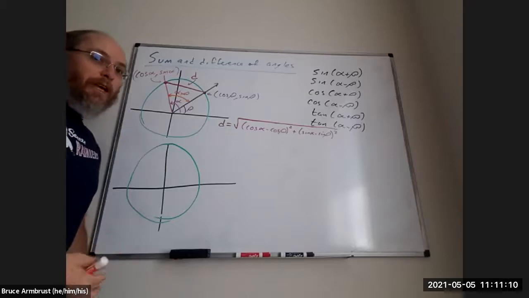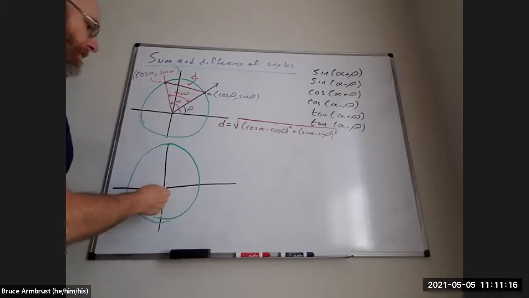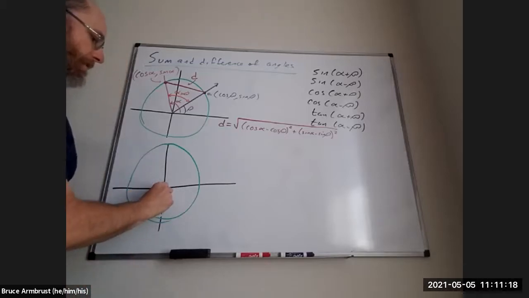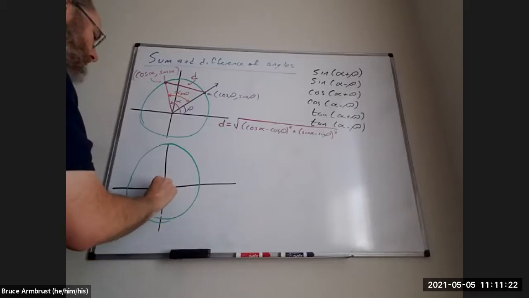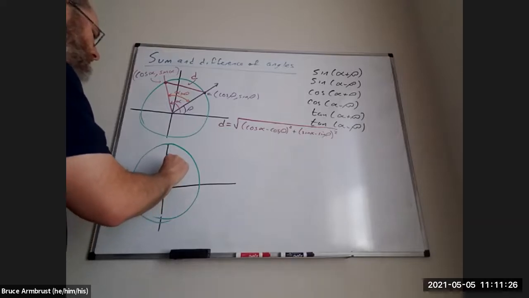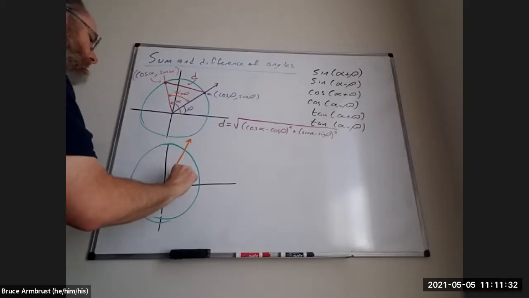So what I want to do is move that so that it's in standard position. Standard position means, of course, that the initial side is on the positive x-axis, and the other side is going to be there. So this is alpha minus beta.